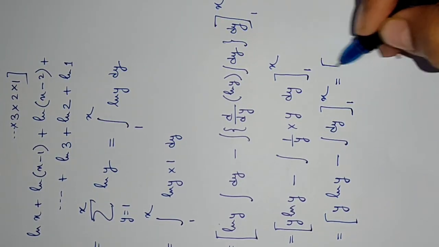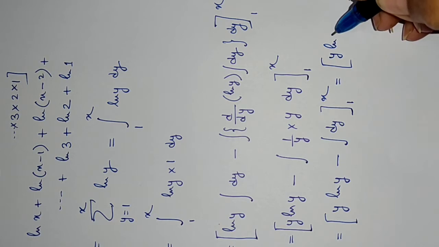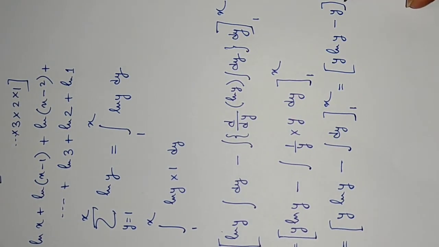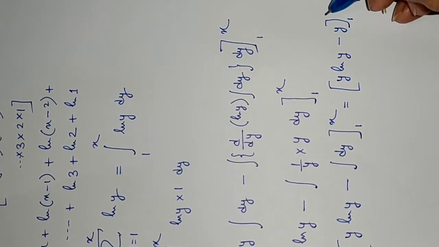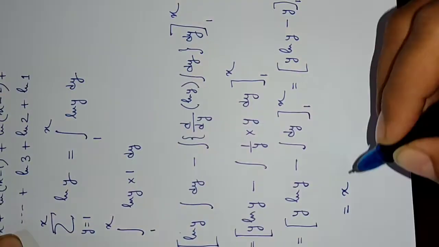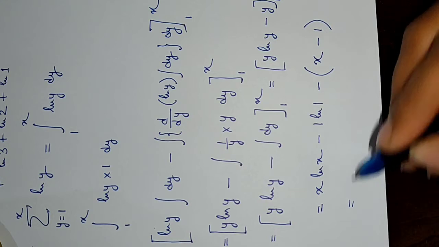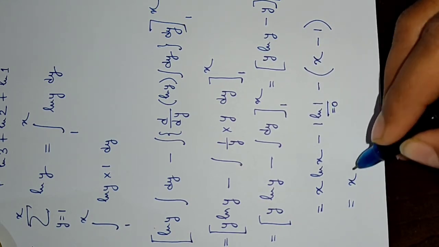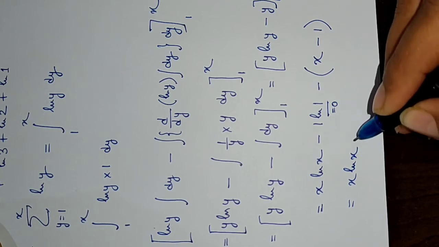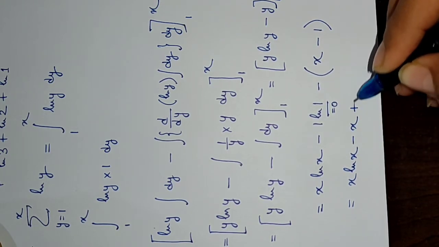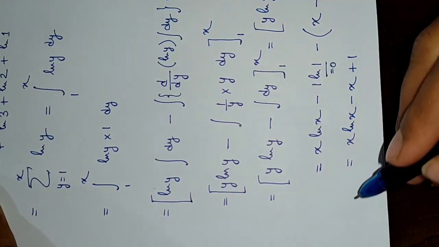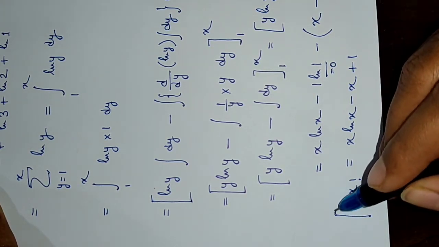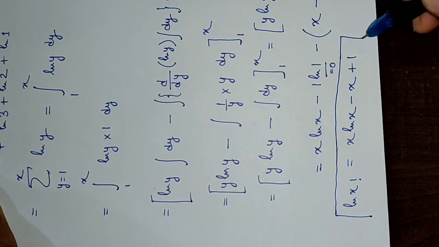Now it will be y ln y minus y, and we put the limit 1 to x. Now ln 1 is equal to 0, so it will be x ln x minus x plus 1. This will be the expression of ln x factorial for all values of x.